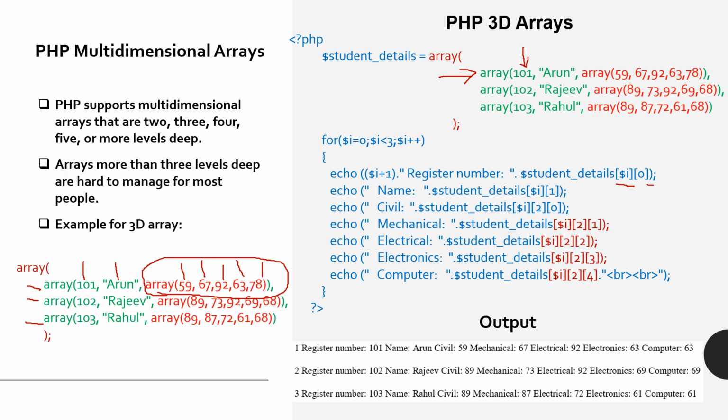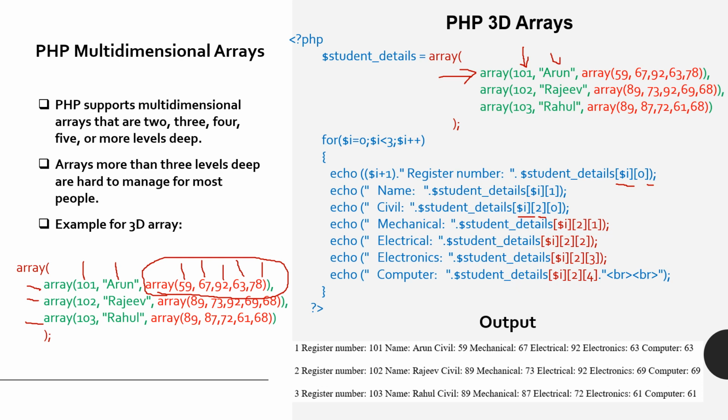Then first row, second element. First row, third element. There again one more array is there.